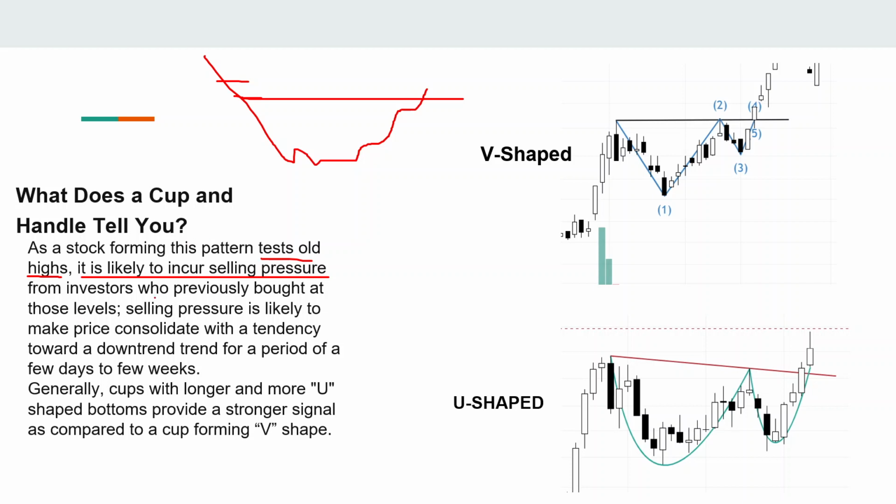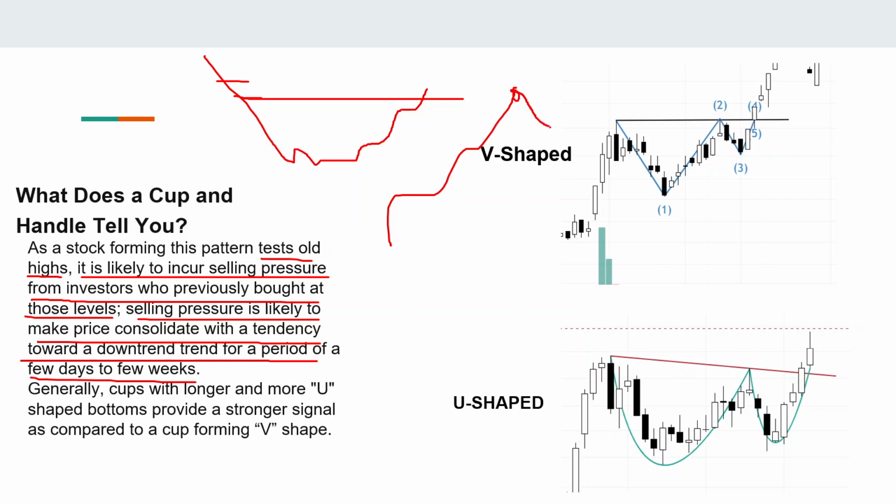Just like it says here, from investors who previously bought at those levels, selling pressure is likely to make price consolidate with a tendency towards a downward trend for a period of a few days to a few weeks. So as I said, the stock is moving in an uptrend, and suddenly it faces resistance at some level, because there are trapped sellers, and they start selling, and due to the selling pressure, the stock comes down.